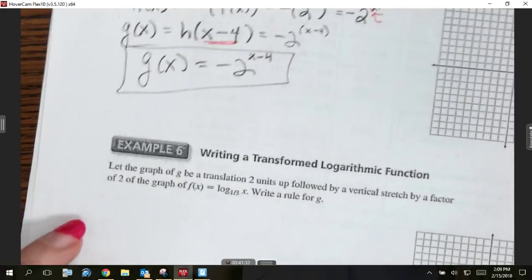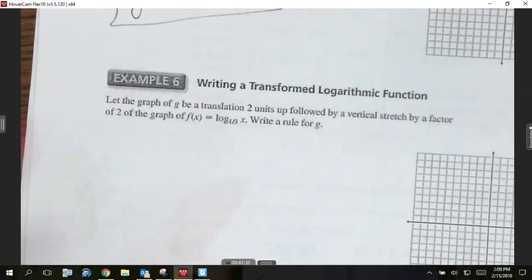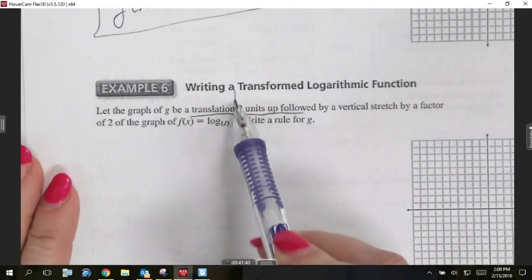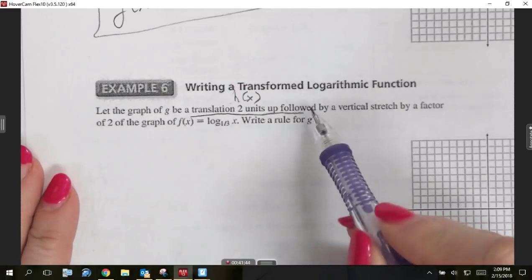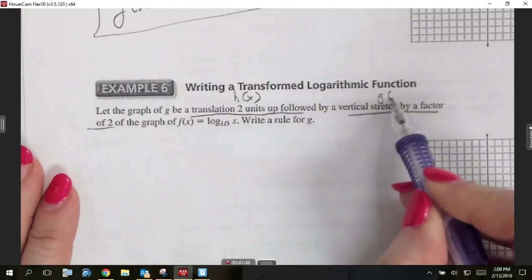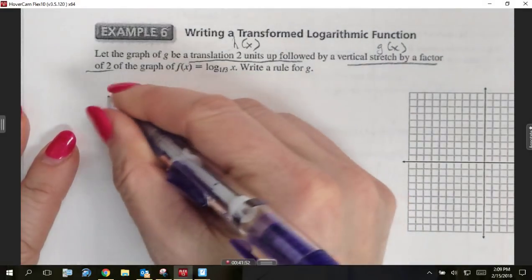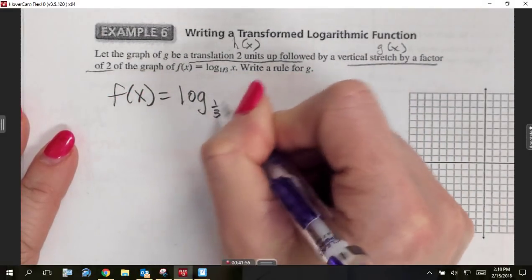So example 6, same kind of question. We're just doing it with a logarithmic one instead, but it's the same kind. So we'll first do our h of x, which is translation 2 units up, followed by a vertical stretch by factor 2, so that's going to be our g of x part. So f of x is log base 1/3 of x.